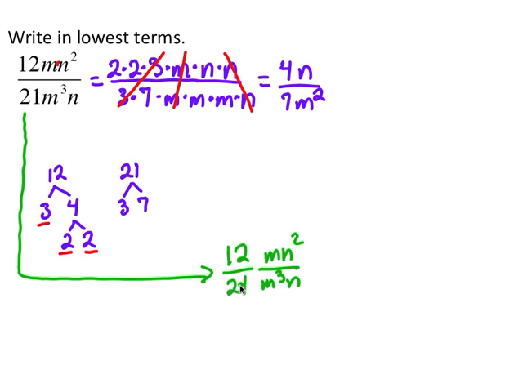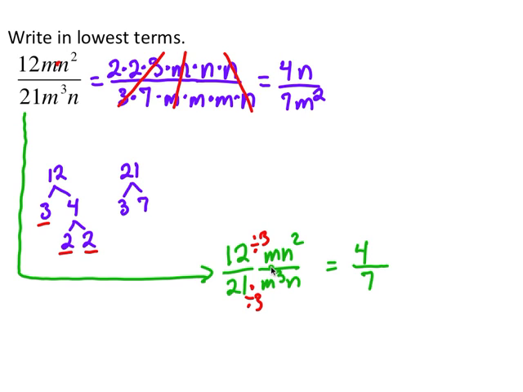Okay, so the 12 over 21, we can say, okay, what will go into both of those numbers? Well, that would be 3. So you can say, well, I'm going to divide by 3 on the top and bottom. So 12 divided by 3 is 4, and 21 divided by 3 is 7.